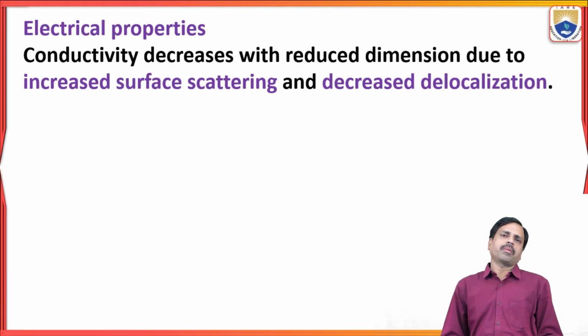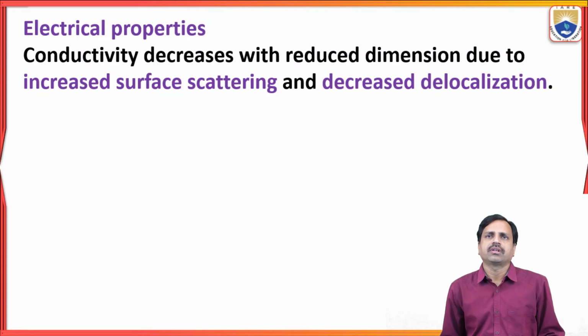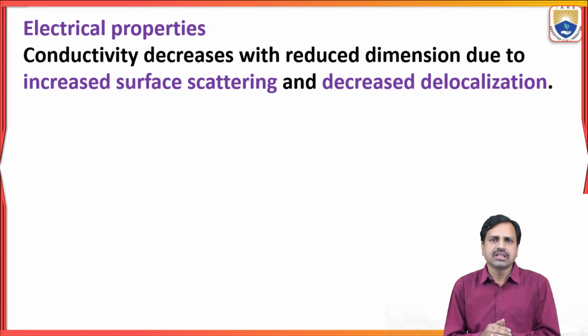Now, electrical property. Conductivity decreases with reduced dimension due to increased surface scattering and decreased delocalization. When we bring down the size of the particle, the delocalization also decreases.